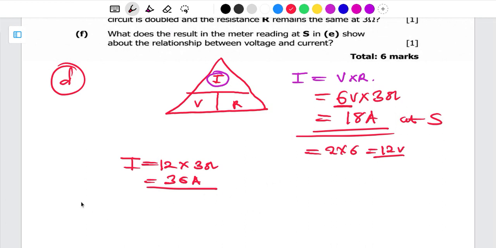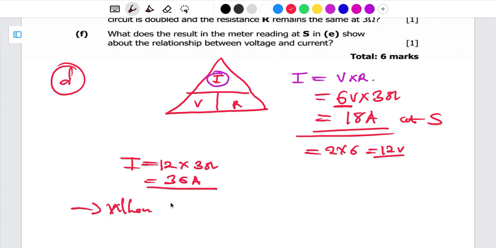So we are going to conclude now. What the question is asking us now is to conclude. What I was doing here, I was just coming up with an assumption which is going to help us to come up with the comment that we're going to write here. So let me start with voltage.